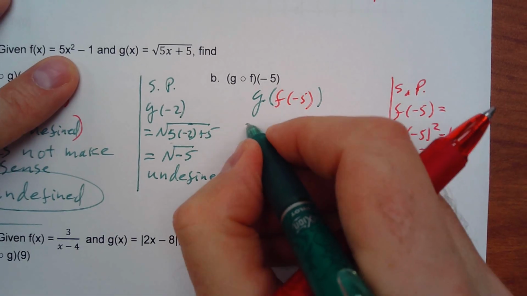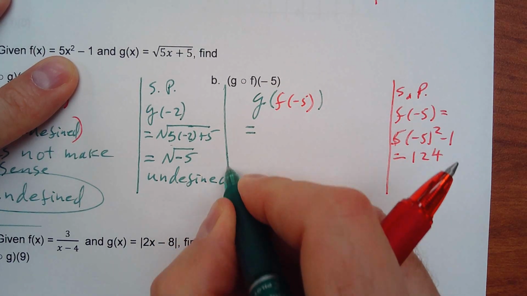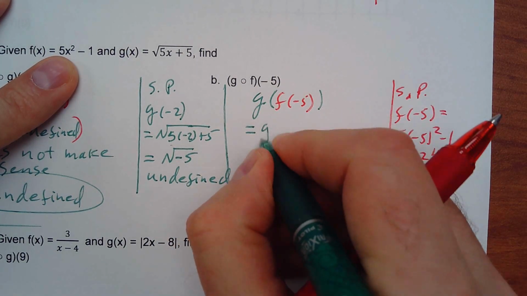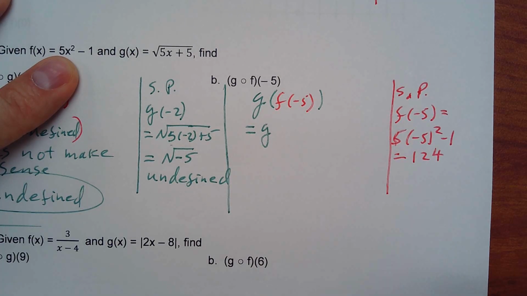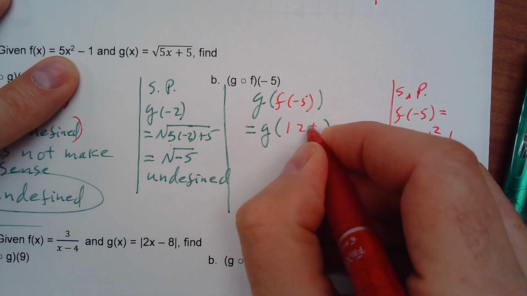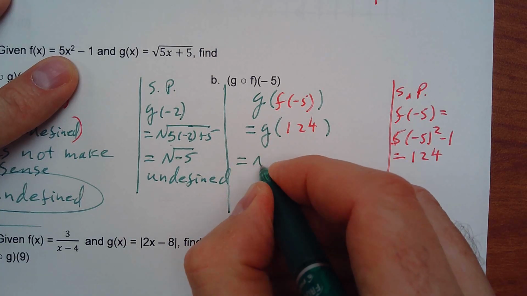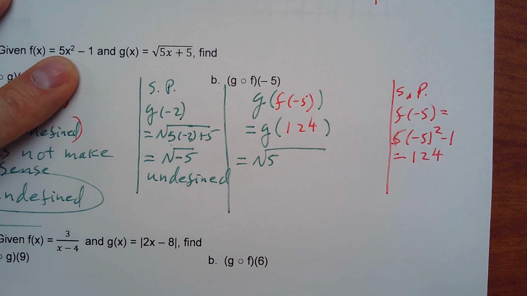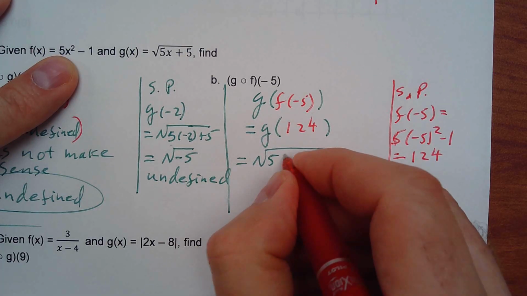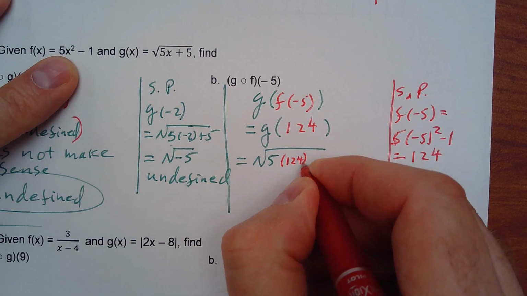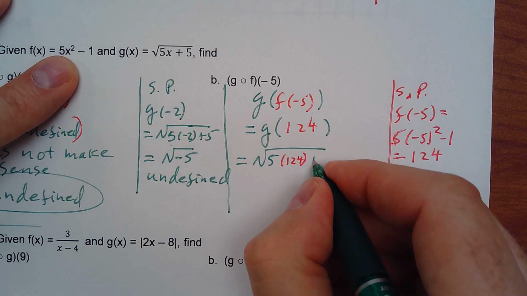So now I'm going to plug in. So this would be the square root of 5 times 124 plus 5.